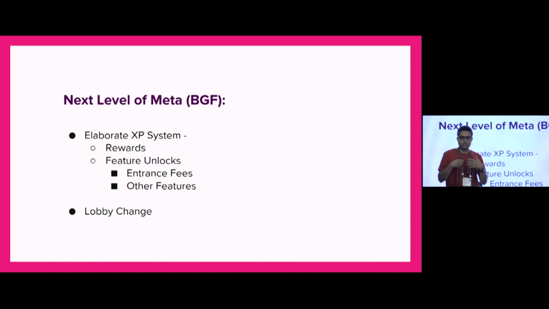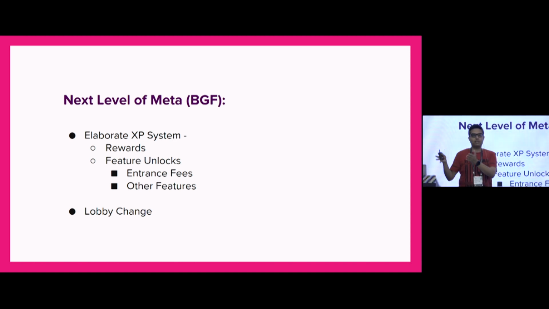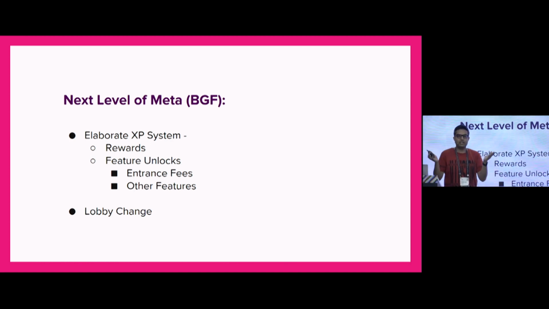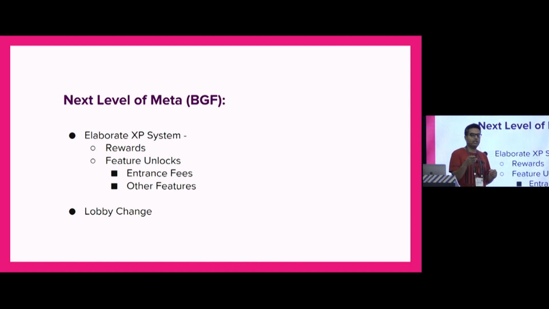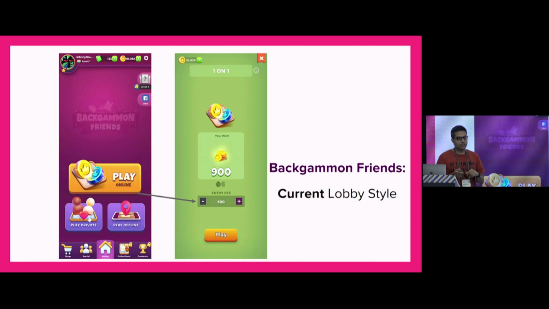The level you're at just tells the player how long you've been in the game, and that's it. Players don't mind there not being a reward, and that's what we've learned. But we're trying to improve this whole loop of giving them more rewards, unlocking features through level up systems. It's a fairly simple thing to understand, but this is what we're working on right now, and also changing how our lobby looks.